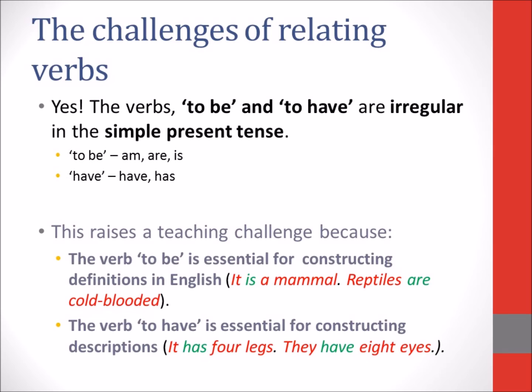And all of that depends on the pronoun that you're using before. If it is being used, then you have to use the word has. If you're using they, then of course it becomes have. Now this can be quite tricky for students, as you can well imagine.